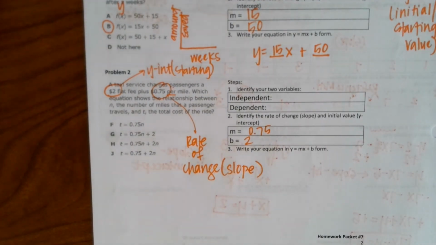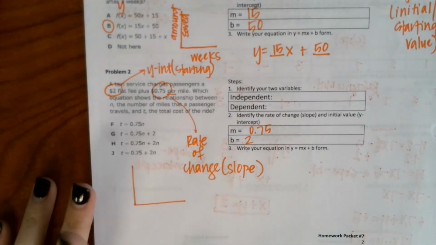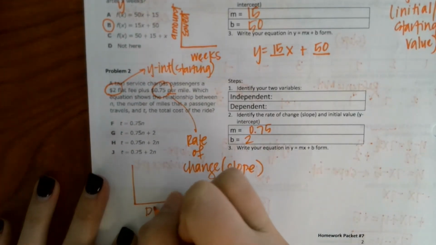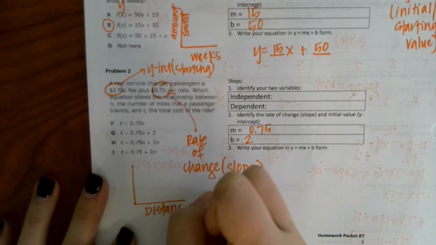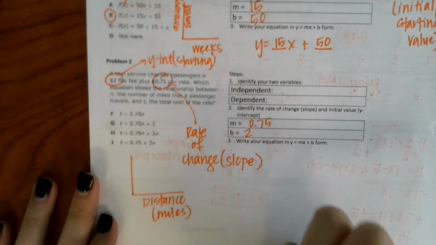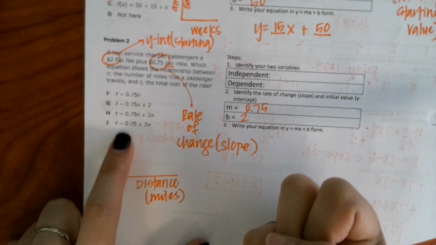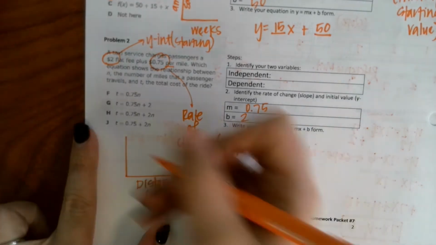What's my independent variable? What is the scientist controlling? Or what is the person controlling? Is it the distance traveled? Yes, the miles. What are we measuring distance in? Miles. And then as the taxi travels a certain number of miles, what is going to be on the y-axis? They're going to charge you a what? Fee, cost. Excellent.